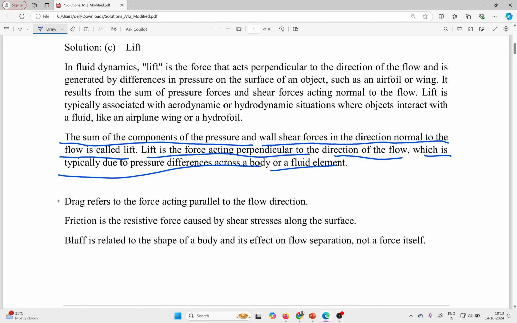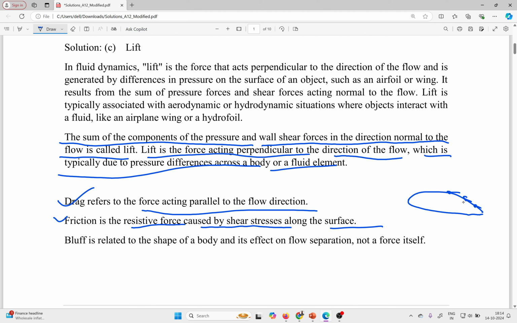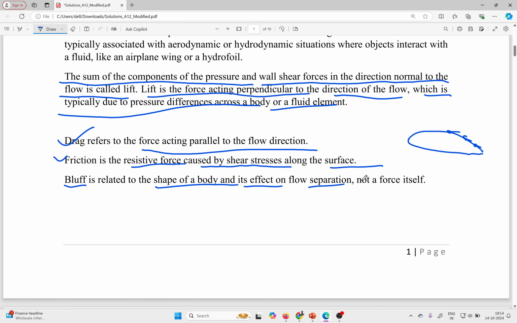Drag you know already; drag refers to the force acting parallel to the flow direction. Friction is a resistive force caused by shear stress along the surface, whatever shear force is acting along the surface. And the bulk is related to the shape of the body and its effect on flow separation, not on force itself.